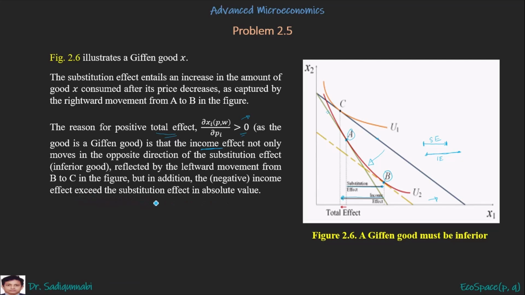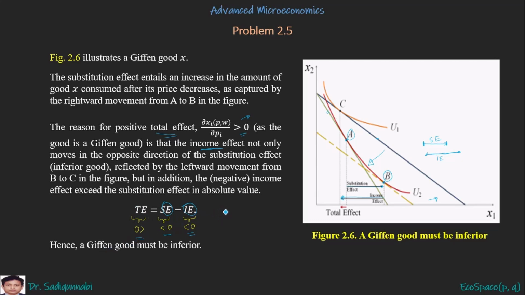So we can say that TE is greater than 0, although SE is negative and IE is negative. So this negative is more than that. That's why TE becomes positive.